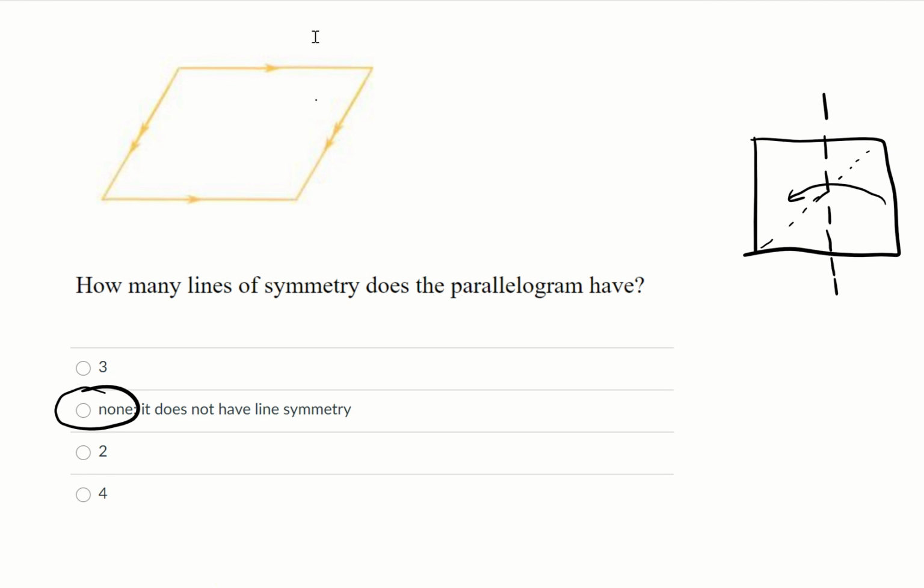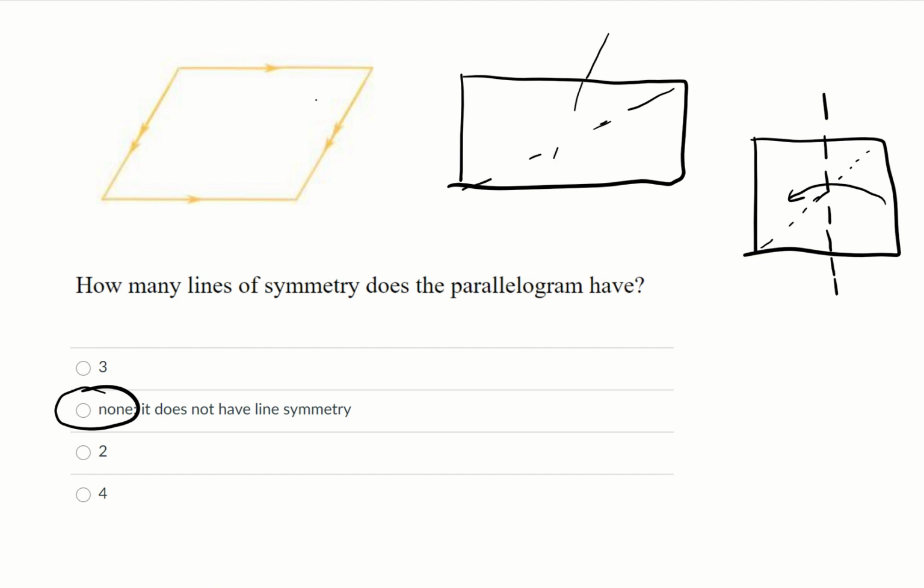Similarly to the rectangle, where the rectangle is considered a parallelogram, if I were to reflect it across a diagonal line, it's just not going to work out. Notice that this is a parallelogram.